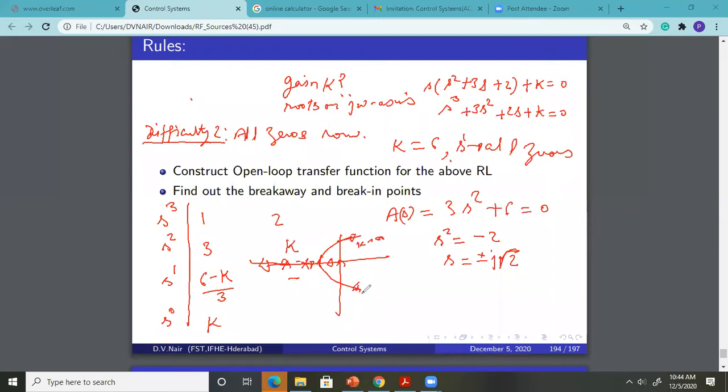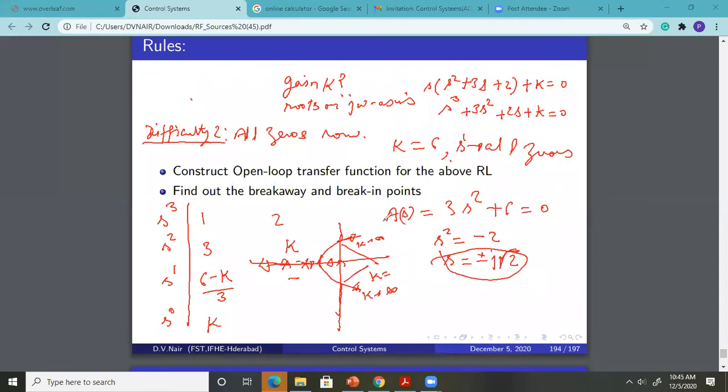This branch is progressing to infinity with k progressing to infinity. So at what value of gain k are the branches hitting the imaginary axis? What is the value of gain k when these two branches meet the imaginary axis? Because these are nothing but points on the imaginary axis, and those are nothing but imaginary poles.